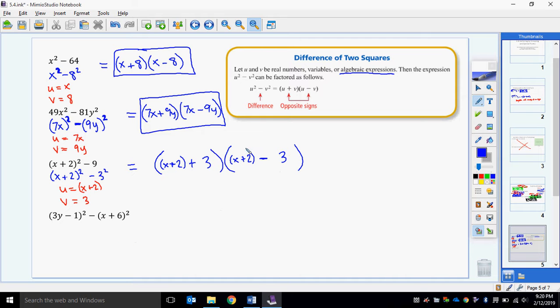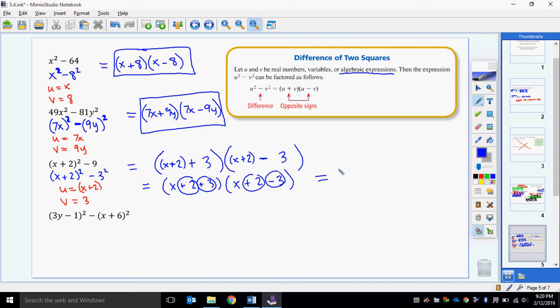Now this is something I can actually simplify because I have some like terms in my parentheses. Right? I have an x plus 2 plus a 3. And in this parentheses, I have an x plus 2 and then minus a 3. So let's combine those like terms.